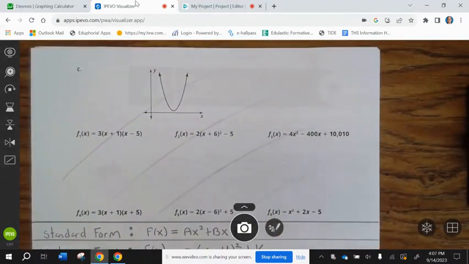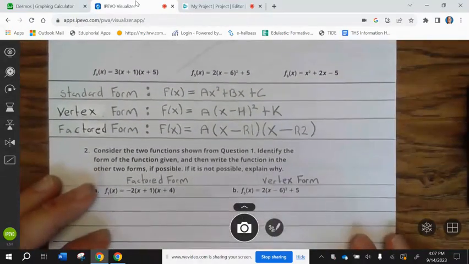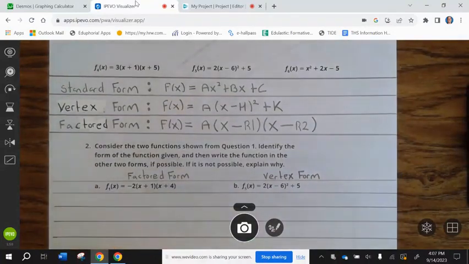All right, you're going to skip part of this page, but then we need to review. Standard form is f of x equals ax squared plus bx plus c. Vertex form is f of x equals a parentheses x minus h squared plus k. And factored form is f of x equals a parentheses x minus r1 parentheses x minus r2.